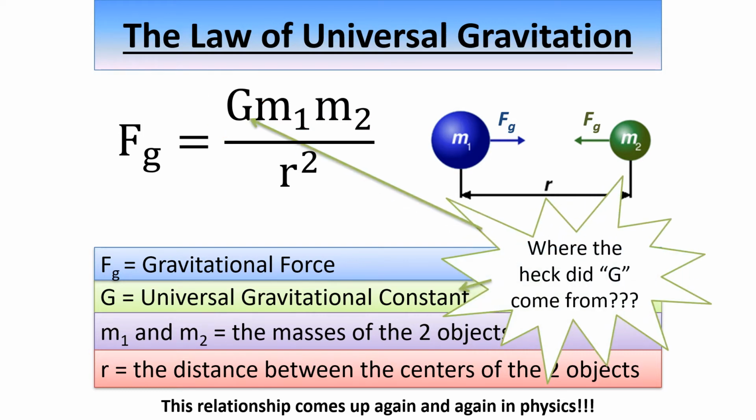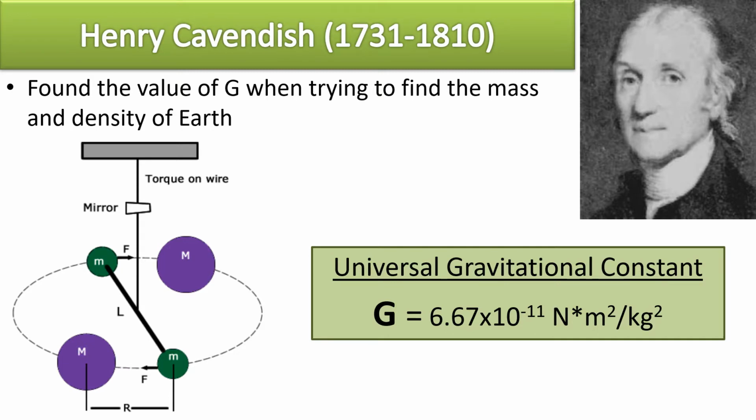So where the heck did G come from? There's another scientist involved. See how we all have to work together over centuries to come up with these things, and we're still learning. He found the value of G when trying to find the mass and density of Earth by using what they call a torsion balance.